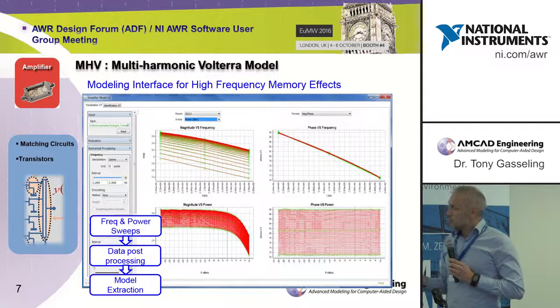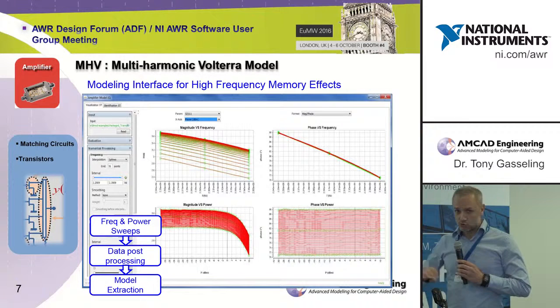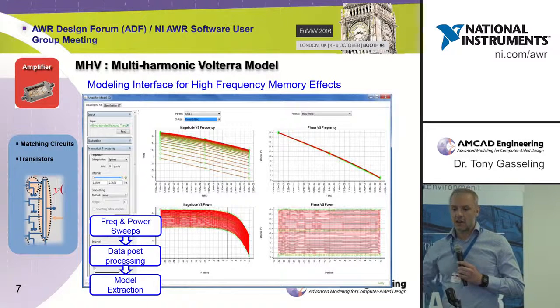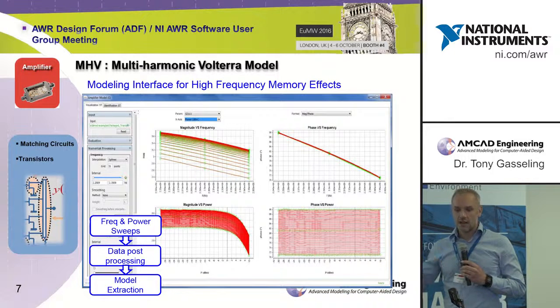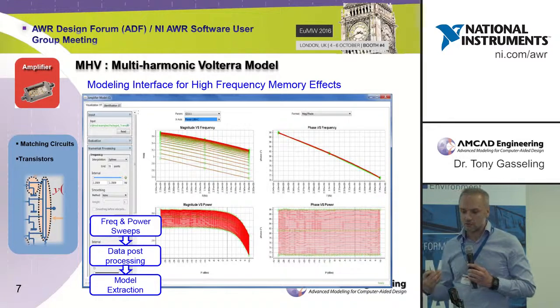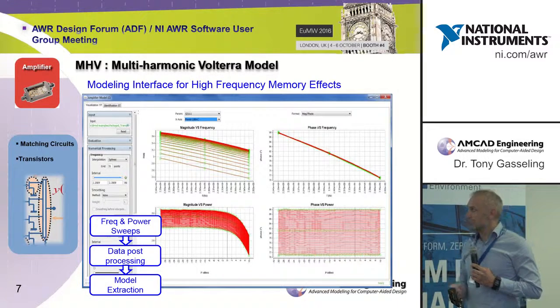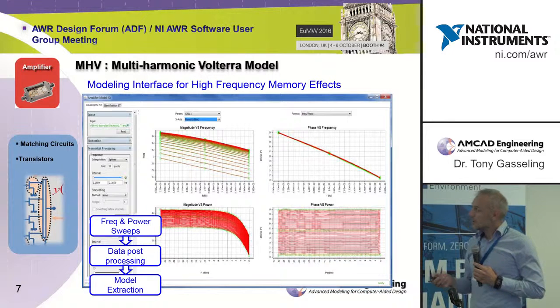On top of this measurement, we can apply some post-processing in order to smooth the data, which could be a very important step before extracting the model, because if you have noisy data taken from the measurements, then it can create some unwanted artifacts in the model. So this part is for the high frequency.